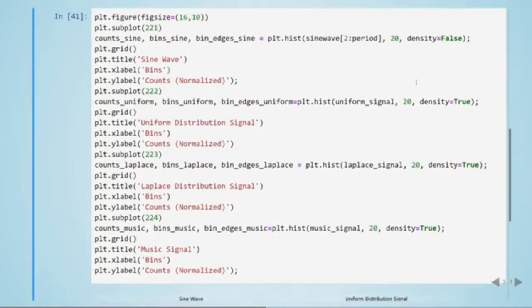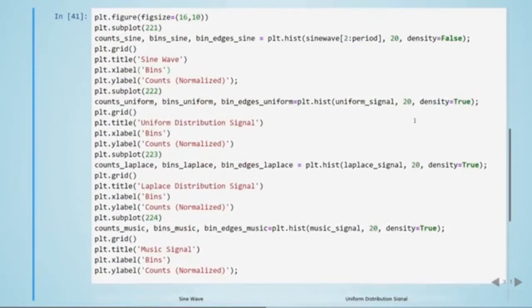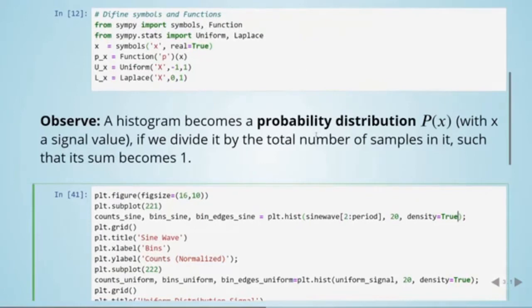So I'm using here 20 bins, so I'm dividing this range from -1 to 1 by 20, so it is approximately from -1 to -0.9, -0.8, -0.7, and so on. Now let's go back to density true, because we're going to use this property of normalized histograms and probability distributions later on.